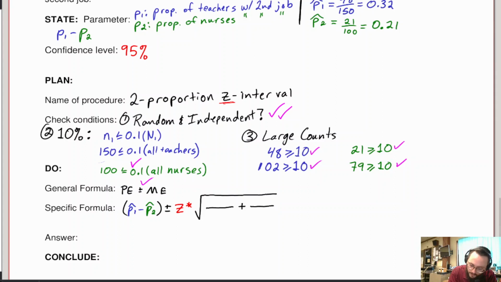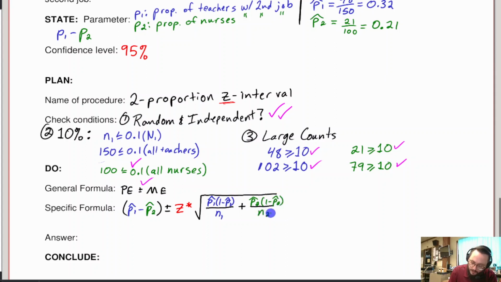So p1 hat times 1 minus p1 hat over n1 plus p2 hat times 1 minus p2 hat over n2.